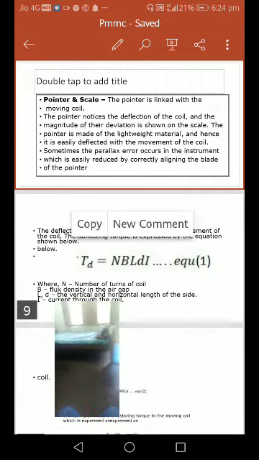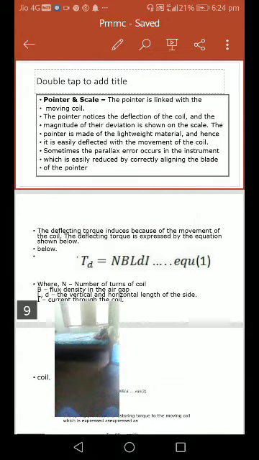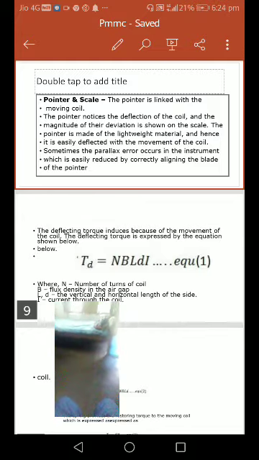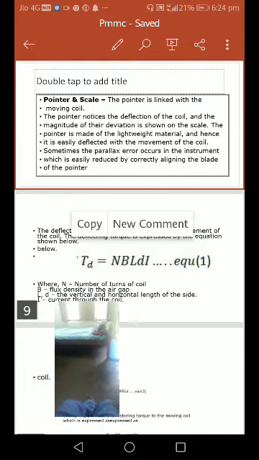The parallax error is easily reduced by correctly aligning the blades of the pointer.